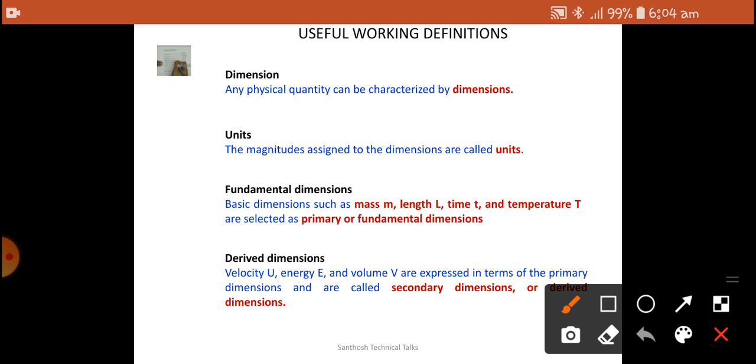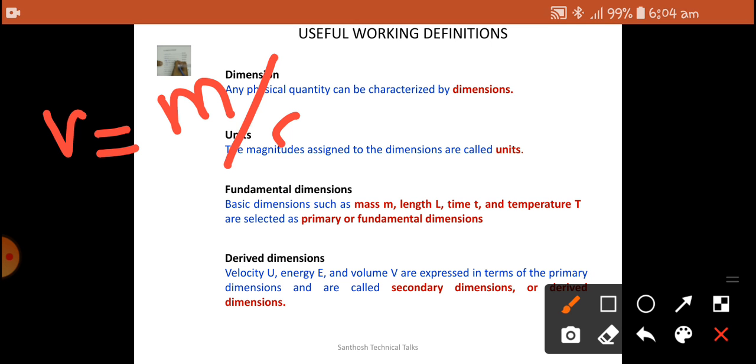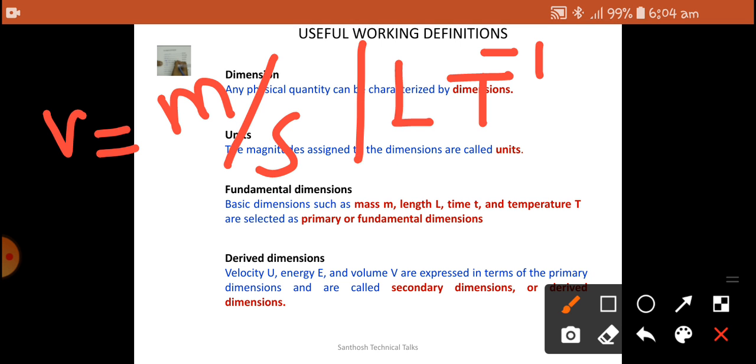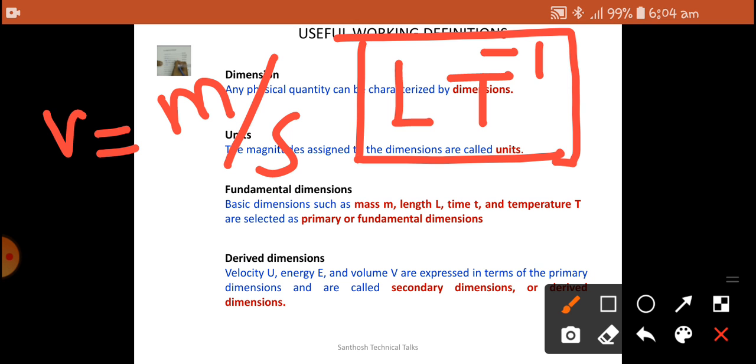We can say the velocity, the unit of velocity is meter per second. So here length comes into the picture and time comes into the picture, therefore time to the power of -1. So this is called a derived dimension. It is a combination of the fundamental dimensions.